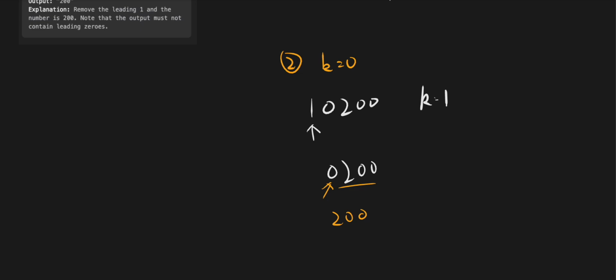And we should consider another case, which is the third case, where we might end up removing all the numbers from the sequence, which means the length of number equals k.